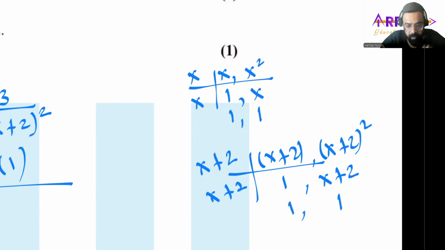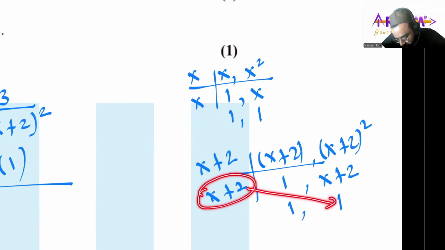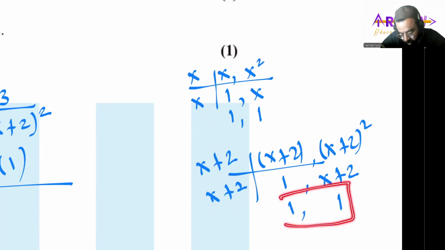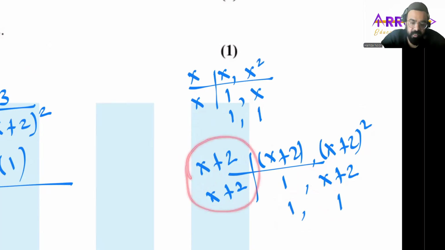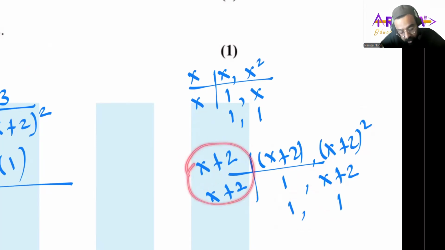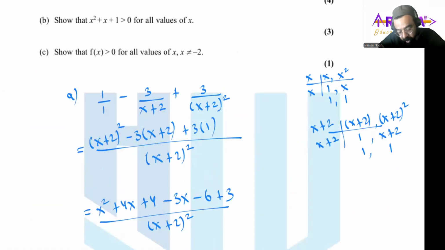Since you have already obtained 1, x plus 2 will be multiplied by 1 so that you get x plus 2. In the end, when you are left with 1 comma 1, the product of these terms is basically the LCM. So when we are multiplying these two expressions, we are obtaining x plus 2 whole square.